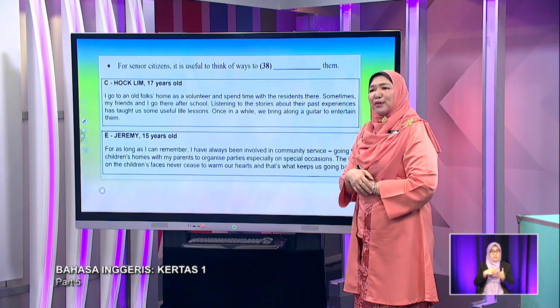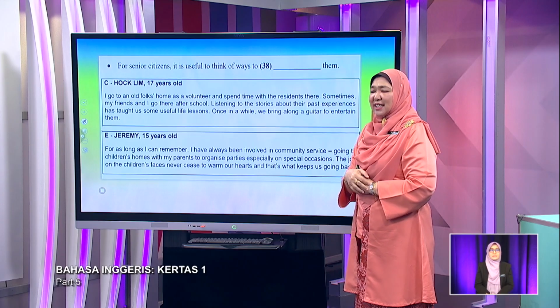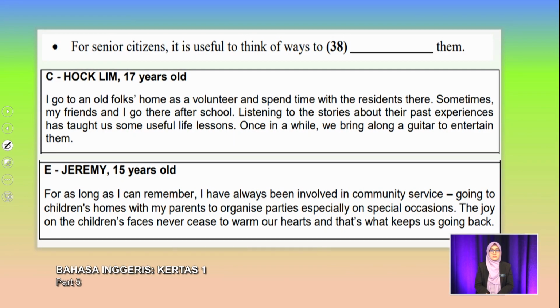For senior citizens, it is useful to think of ways to blank them. When we are talking about senior citizens, we are talking about old folks home, and also children's home. But the real clue is, what is senior? Senior citizen. Is it young children?